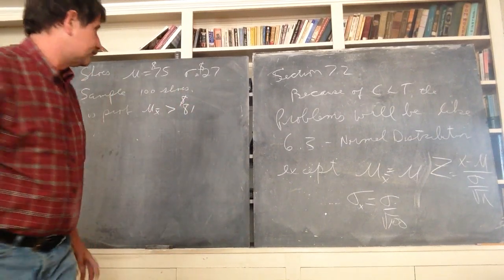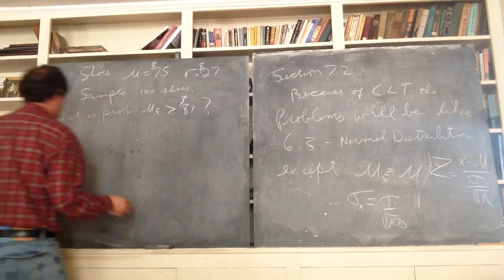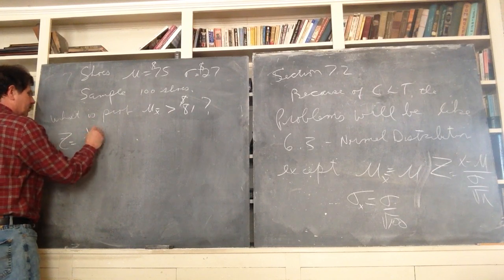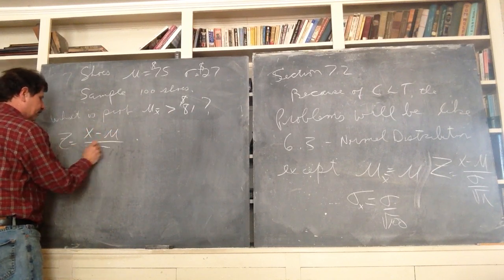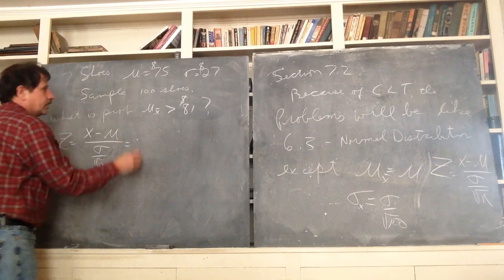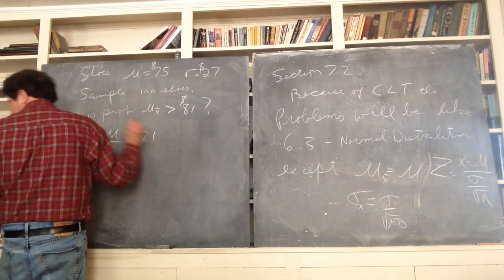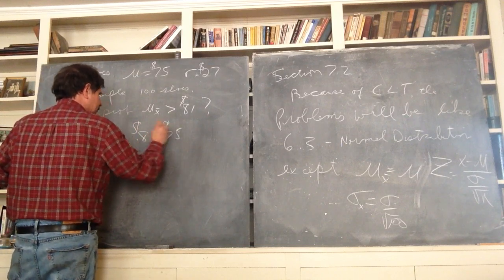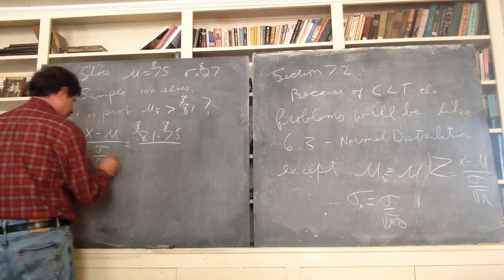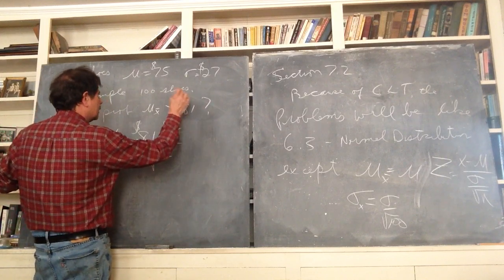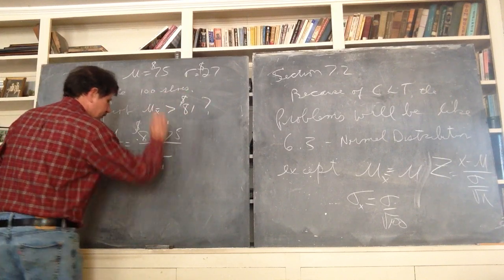That's all we're saying. So here we go. Z is X minus the mean over the standard deviation divided by the square root of N, which is 81 bucks minus 75 bucks divided by 27 over the square root of 100.